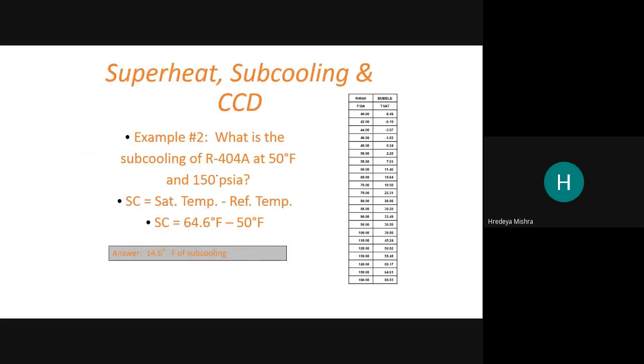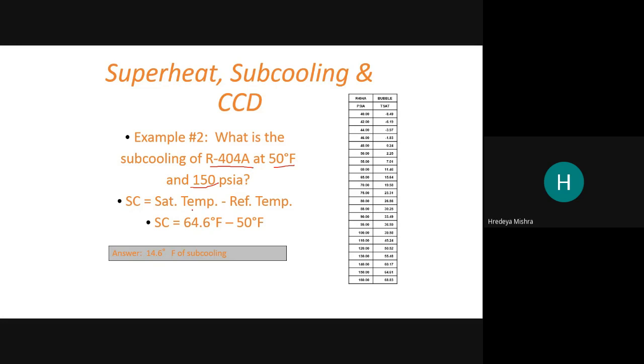And now the second is for the subcooling. The same refrigerant is here, 50 degree temperature, but PSI is increased. So this is for the compression: saturated temperature minus reference temperature.